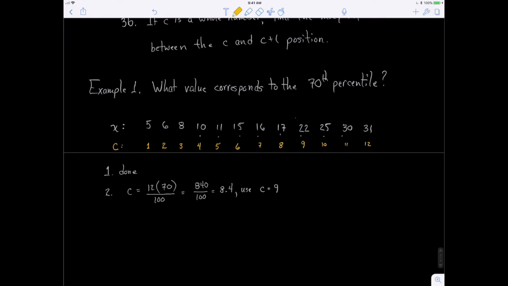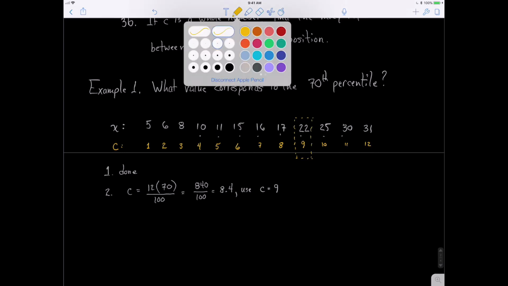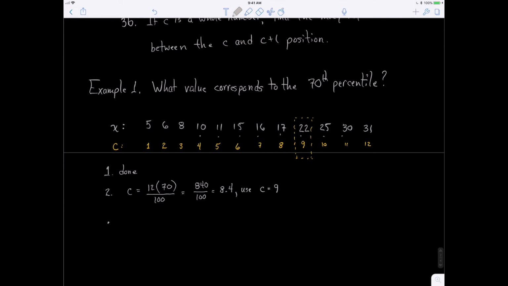So because 22 is in the 9th position, this was step 3a, we would say that 22 corresponds to the 70th percentile.